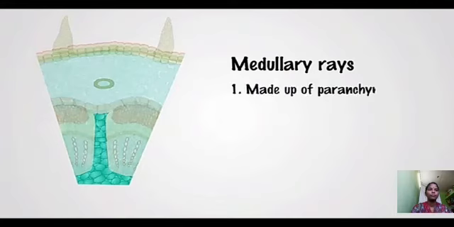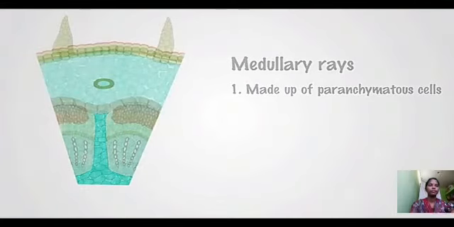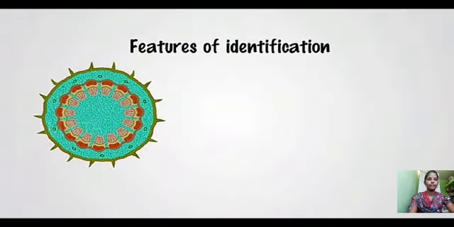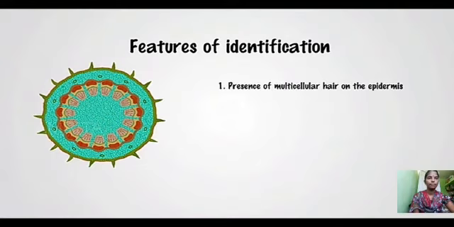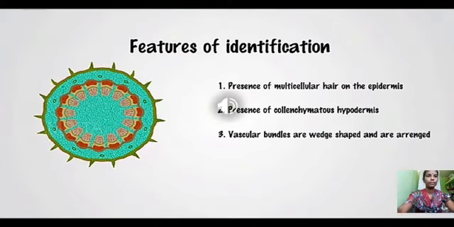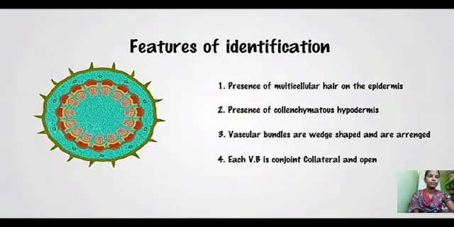Medullary rays are made up of parenchymatous cells between the vascular bundles. Features of identification. Presence of multicellular hair on the epidermis. Presence of collenchymatous hypodermis. Vascular bundles are wedge-shaped and are arranged in a ring. Each vascular bundle is conjoined, collateral and open.